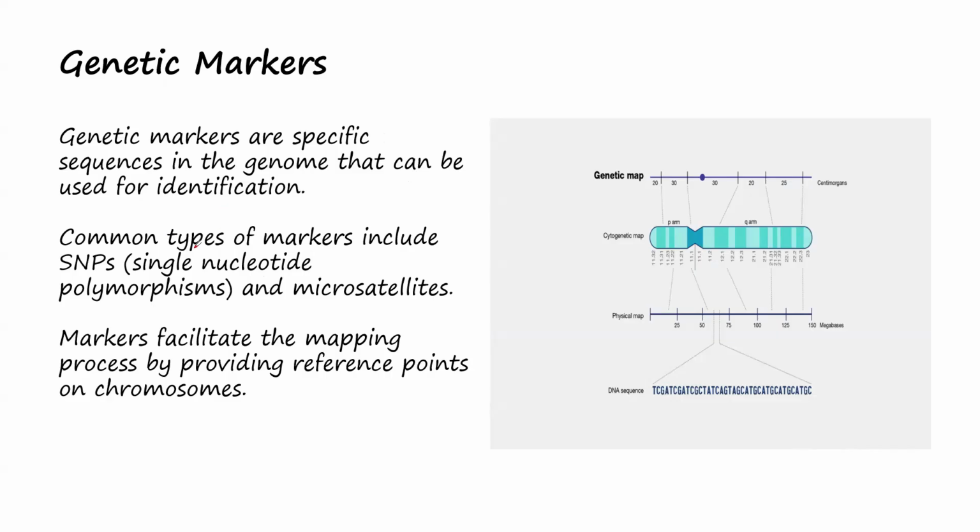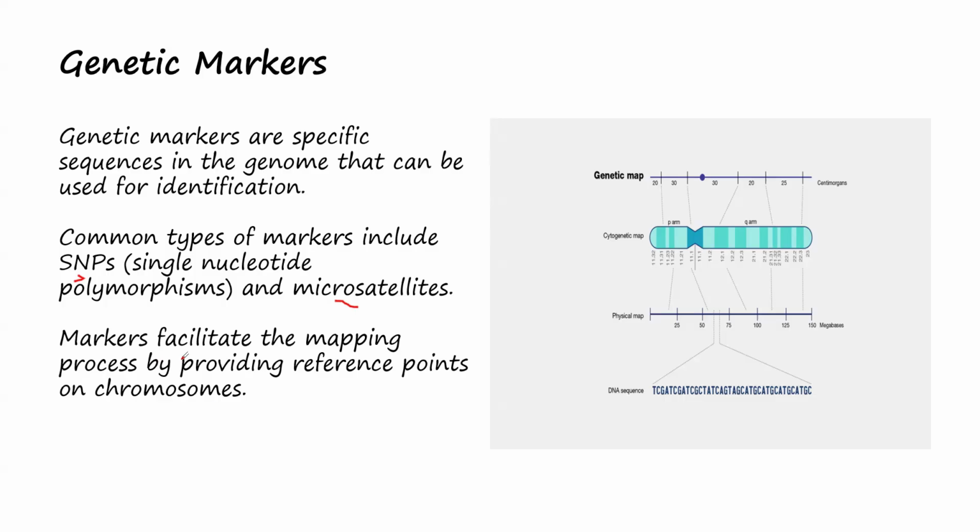Some examples of these markers include SNPs, that is single nucleotide polymorphisms, which we are going to talk about later, and then microsatellites.